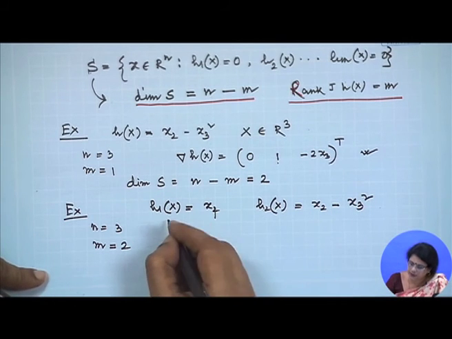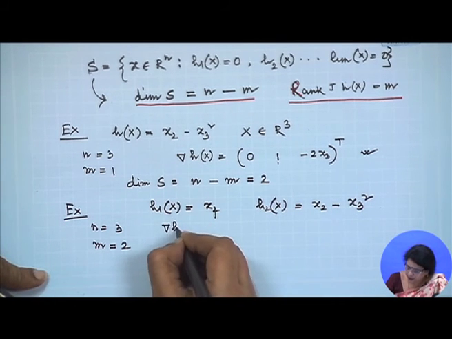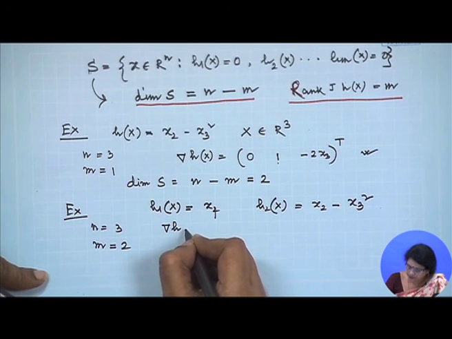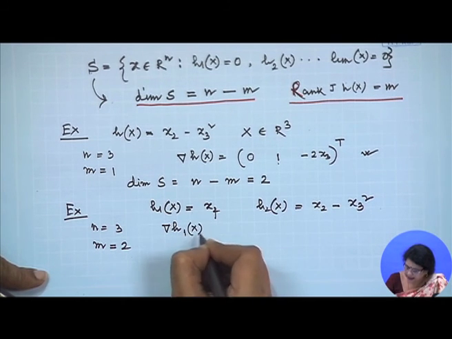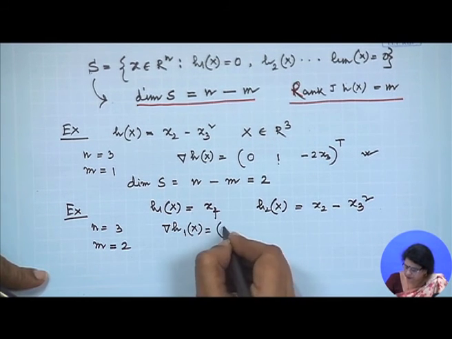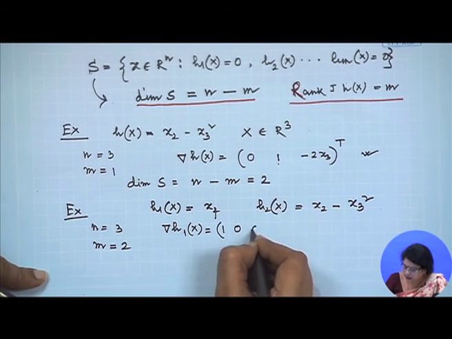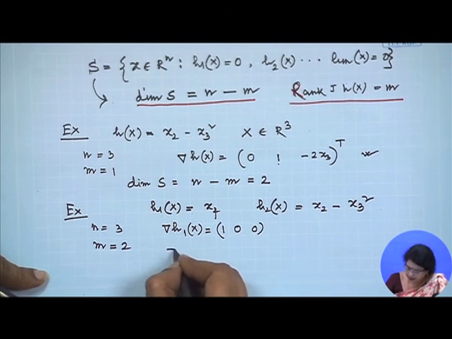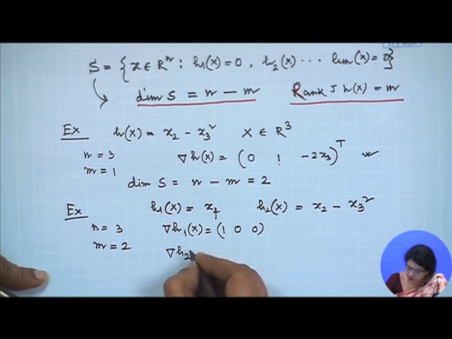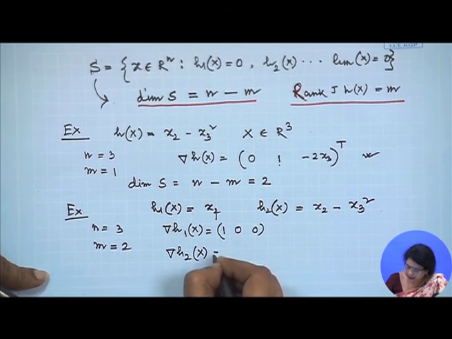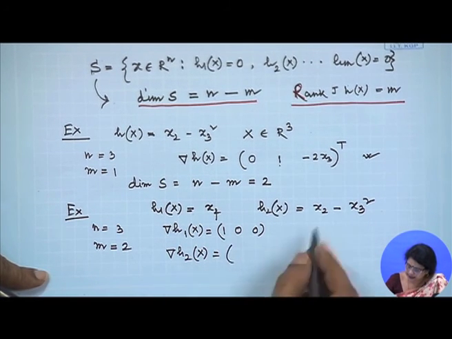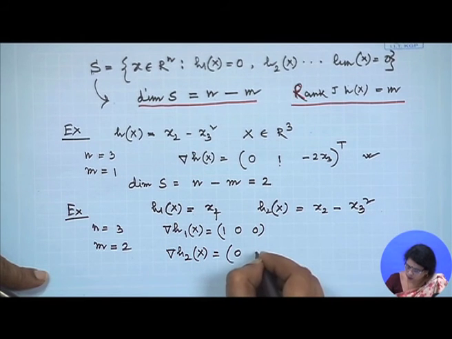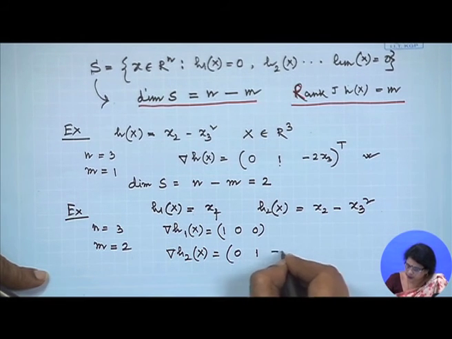Then from here we can get that grad of h1(x) is equal to 1 0 0, grad of h2 is equal to 0 1 minus 2 x3.